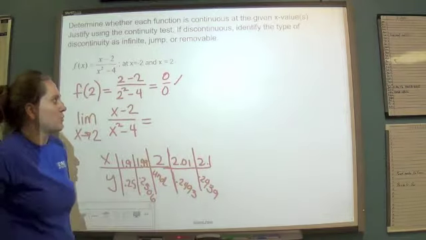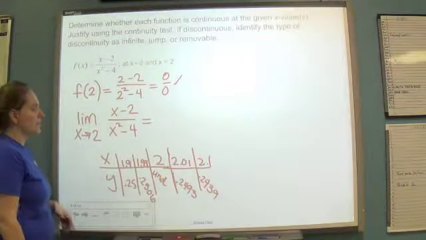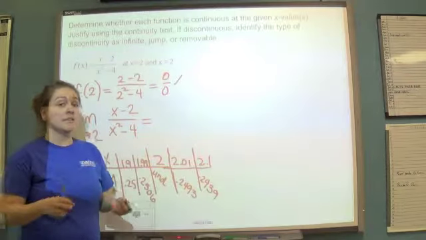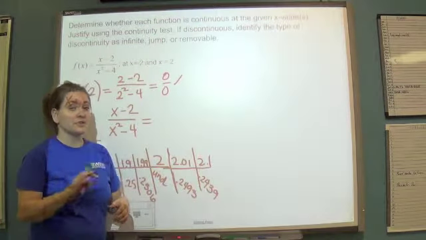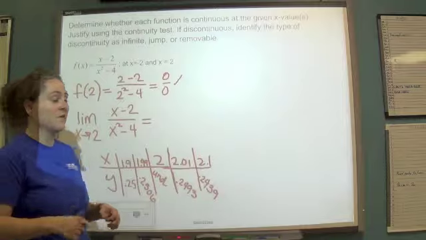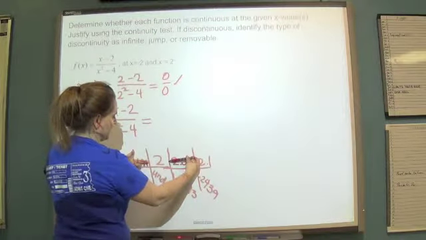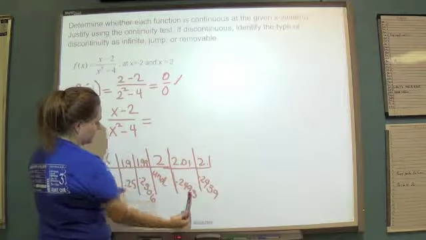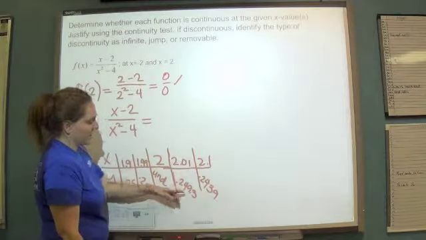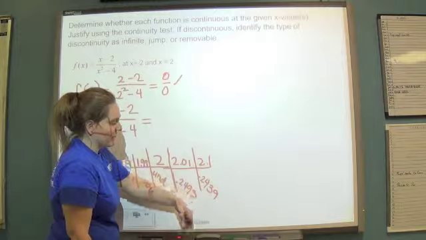So what we have to decide here is obviously when we plugged it in, it didn't work, so it's discontinuous at 2. But what we're trying to find out is the limit as x approaches 2. Even though it's discontinuous, it sometimes will have an answer. So we look at the values as it's approaching 2. This side is a little lower than 0.25.